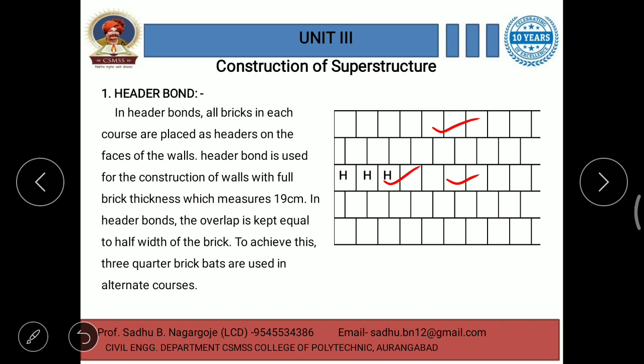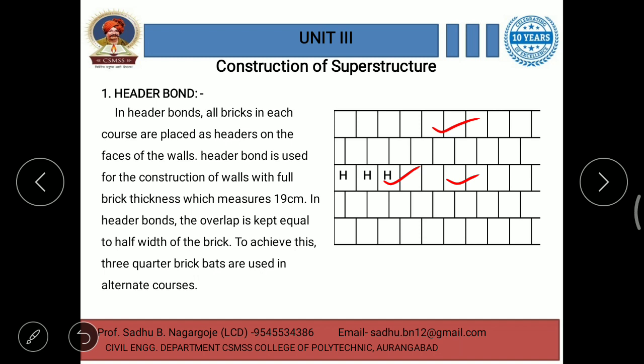Header bond is used for the construction of walls with full brick thickness, which measures 19 centimeter. In header bonds the overlap is kept equal to half width of the brick. The overlap of each course is half the width of the brick.